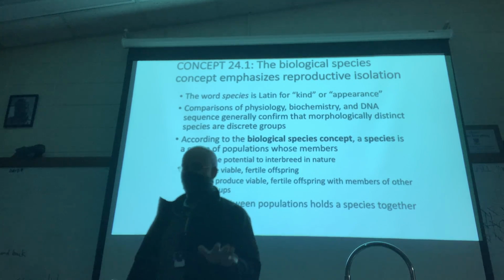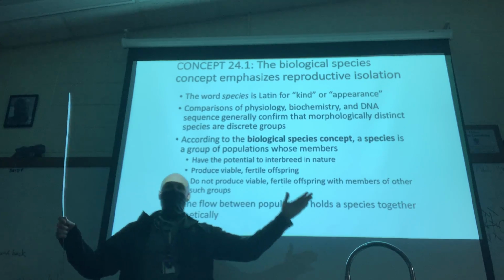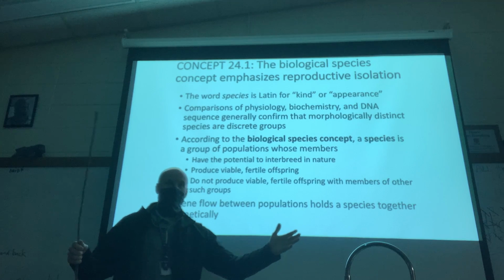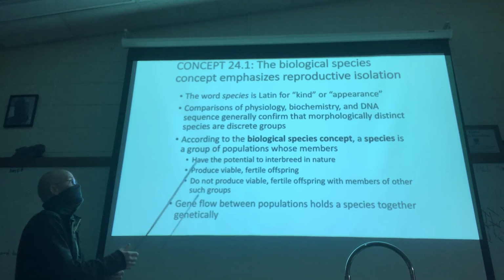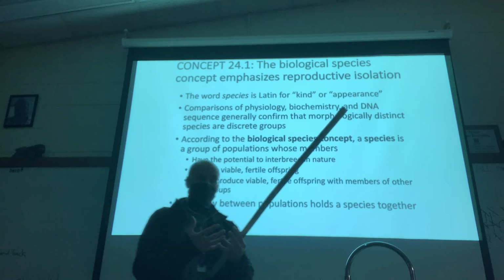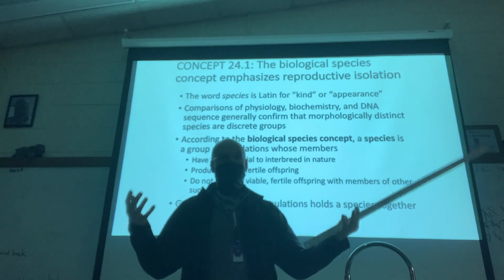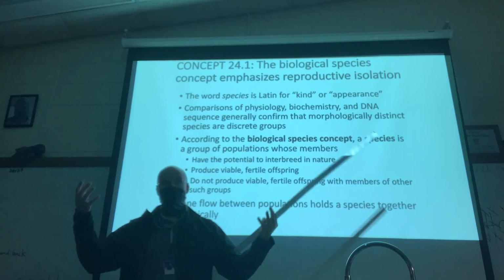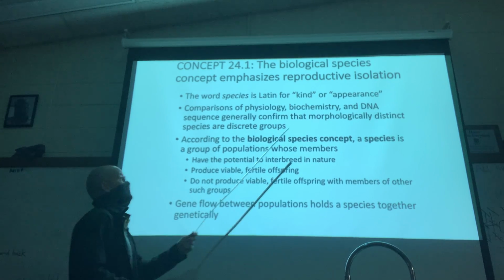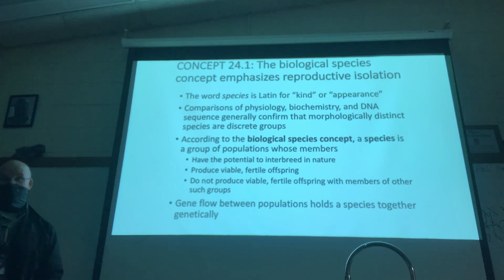What we're going to look at in chapter 24 is when you extend the time frame and start looking at many, many generations, how can you actually get one group to become split off from each other and so different that they become two distinct groups known as species? So there's a lot of discussion of this word species in chapter 24.